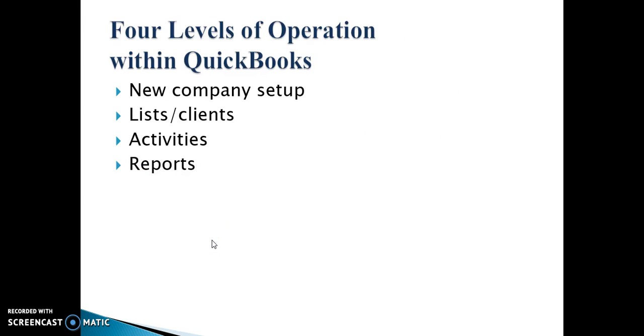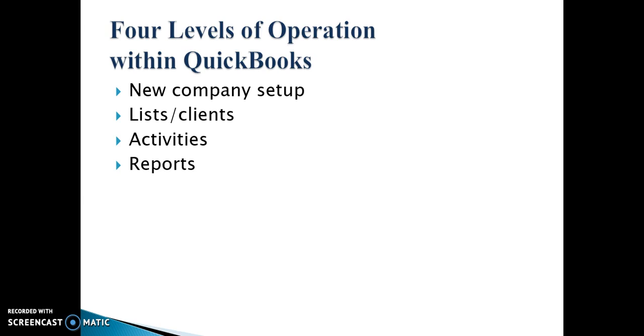There are 4 levels of operation within QuickBooks. Each of these levels, we're going to review according to chapters in QuickBooks. So I'm just giving you the basics of them right now, like new company setup. New company setup will be reviewed in Chapter 6 and Chapter 7.